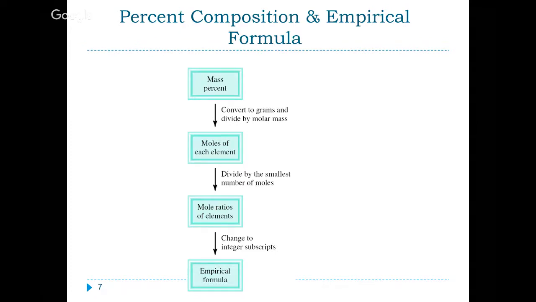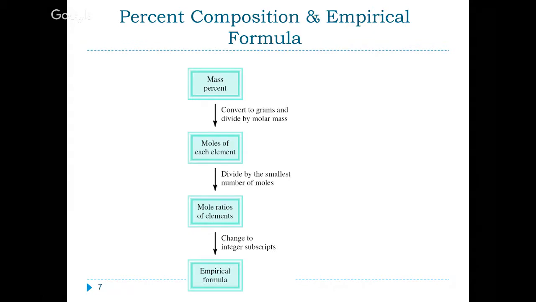If you got a number like 1.20, we would multiply by 5. So we have to get to whole number values. You can round within reason. So a 0.998, 0.997, you can round up. A 0.0102, you can round down, and that's acceptable.